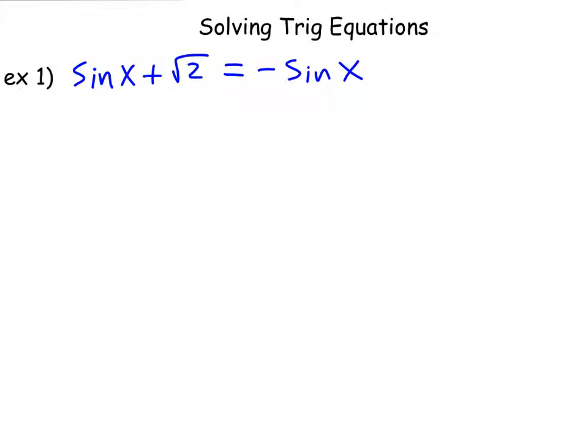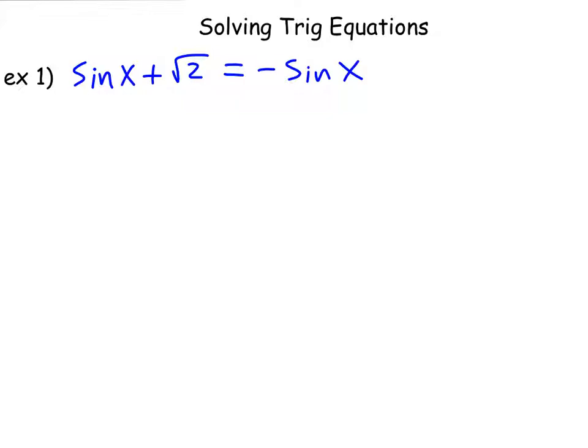Okay, I think there's 12 examples total. This lesson is split up 6 and 6. First thing you want to do if you're solving is get everything organized on one side.